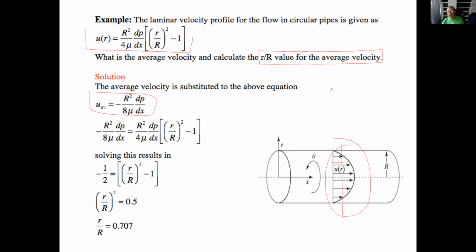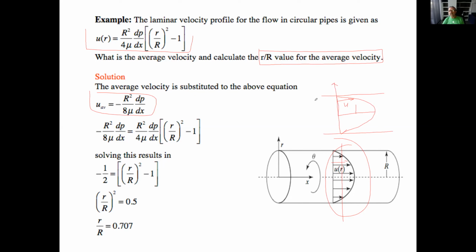Let me redraw it. So here's the pipe. This is maximum velocity, so this is U max. We said 1/2 of it, this is U average. And then we said that this is the coordinate R.